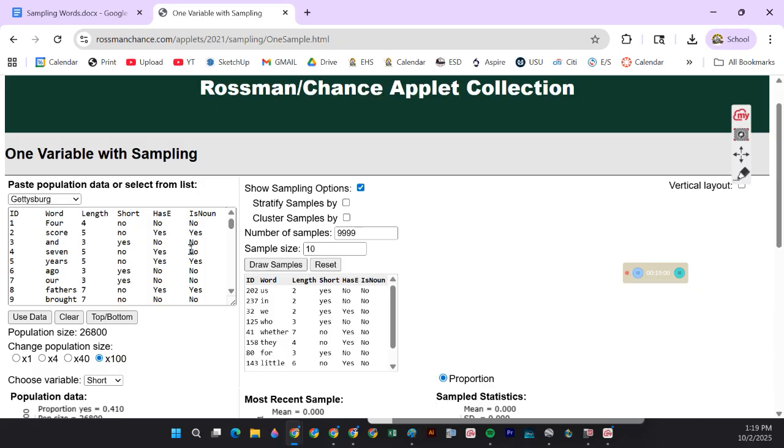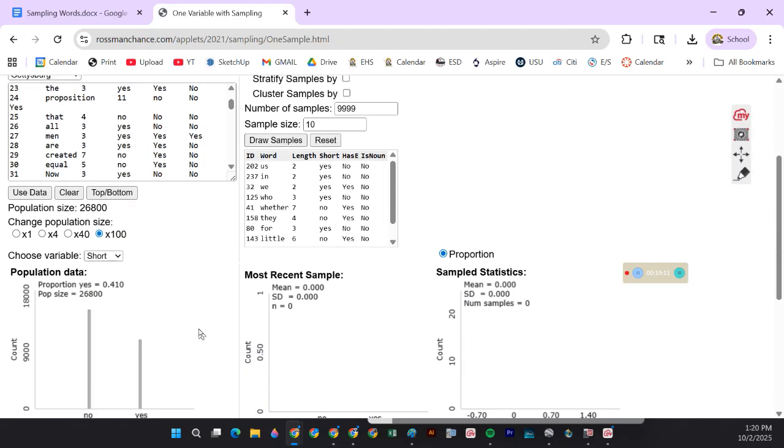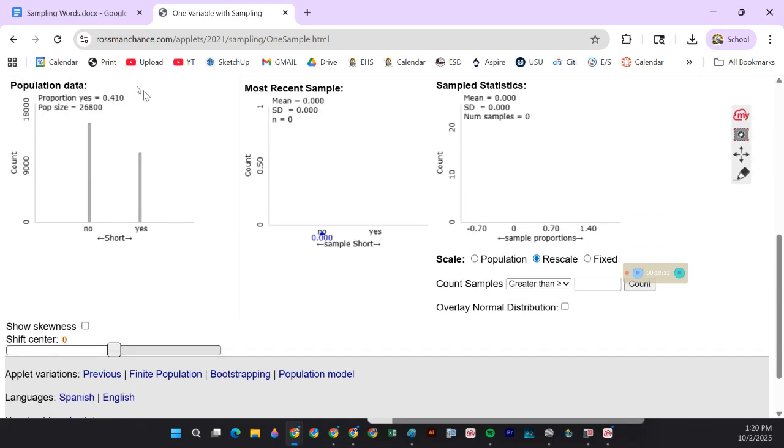Is that going to change the shape of the population histogram? No, why not? It's the same proportion. Do you guys get that? We added more words, but we added the exact same words over and over and over.